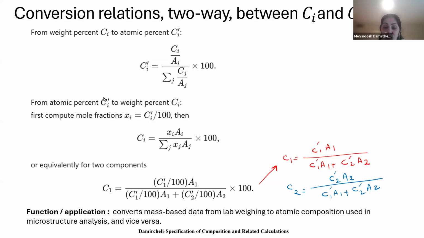So you see here, in the previous slide, we wrote C prime i's as a function of Ci's. Here you see the vice versa. C1 is C prime 1 A1 divided by C prime 1 A1 plus C prime 2 A2, or C2, that is the weight percent of component 2, is C prime 2, the atomic percent of component 2, times A2, and you know A2 is the atomic weight of component 2, divided by C prime 1 A1 plus C prime 2 A2.